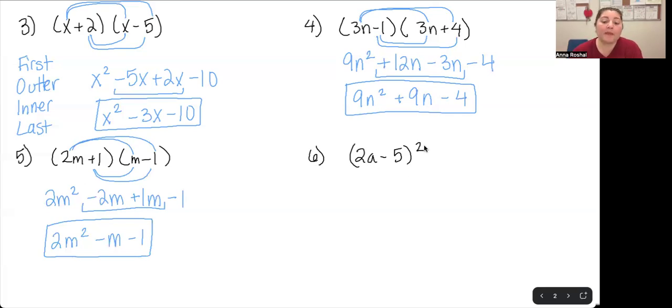Okay. This problem, on the other hand, is actually a little different, and I'm going to put it in a different color specifically because of this 2 out here. The mistake that most students make is they see a squared and they say, oh, I'm just going to apply this to both of these, kind of like distributive property, but not exactly, right?